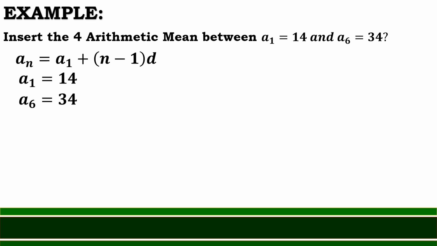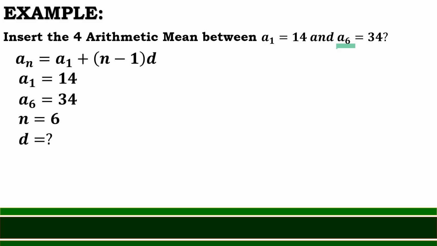So, dahil given na ang last term natin ay a sub 6, meron tayong possible value for n, which is n is equal to 6. So, kung mapapansin natin, ang nawawala lang is the common difference. Pag nakuha natin si common difference, makukuha na rin natin yung 4 arithmetic means between the first term and our last term.